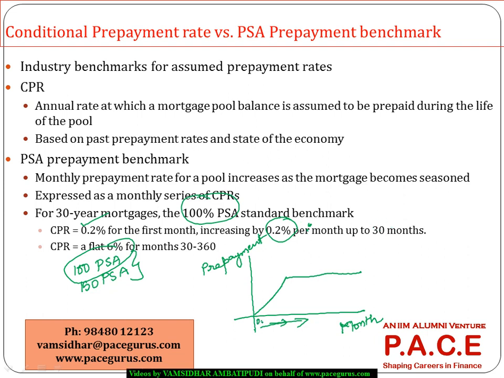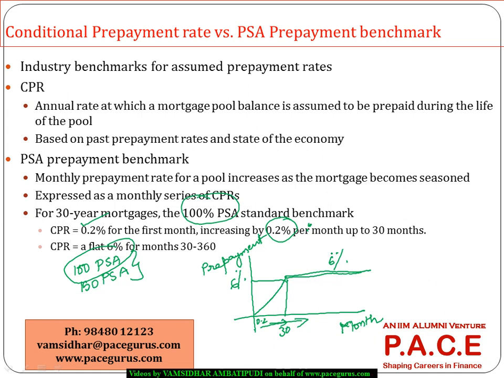So it will start from 0.2, 0.4, 0.6, and by the time it reaches 30 months, 30 into 0.2, this is around 6%, and it will stay at 6% forever. That is the CPR. From the CPR I can very well get into the computation of SMM, and using that SMM I can find out what could be the prepayment amount for the particular period.